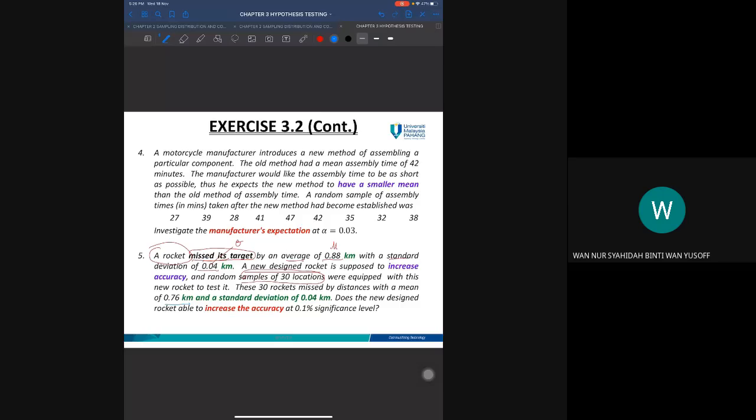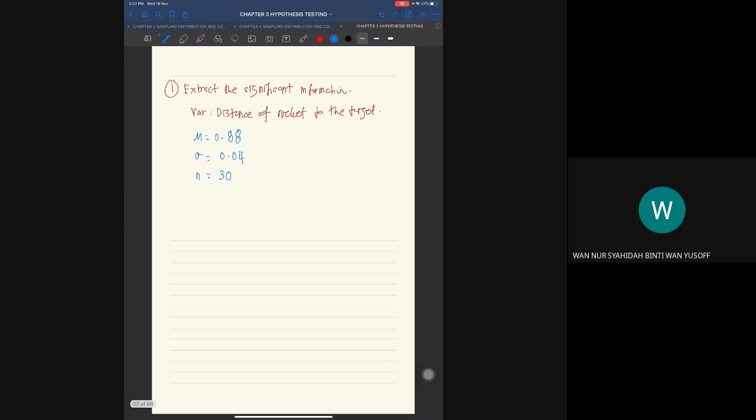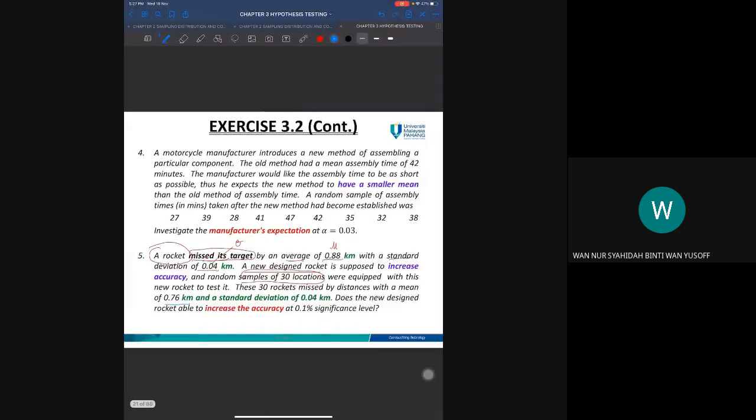So 0.76 km here is x bar. Another 0.04 here is s, because it is based on the 30 samples.